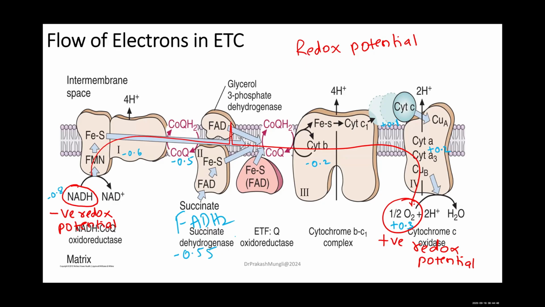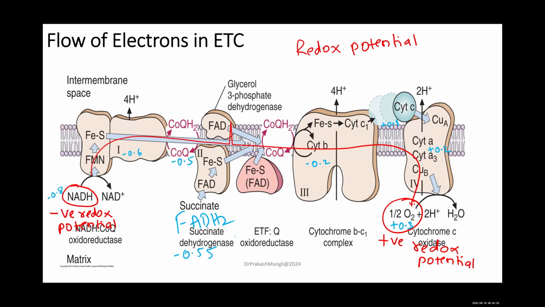So this FADH2, can it enter into complex 1 and give electrons and protons? No. Why? Because complex 1 is minus 0.6. It cannot act as an acceptor from FADH2, but it can act as an acceptor from NADH. Whereas FADH2 can donate its electrons to complex 2 because it has minus 0.5, which is a little more towards positive than its own.